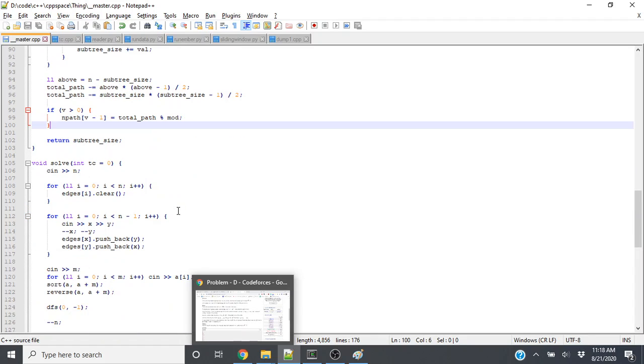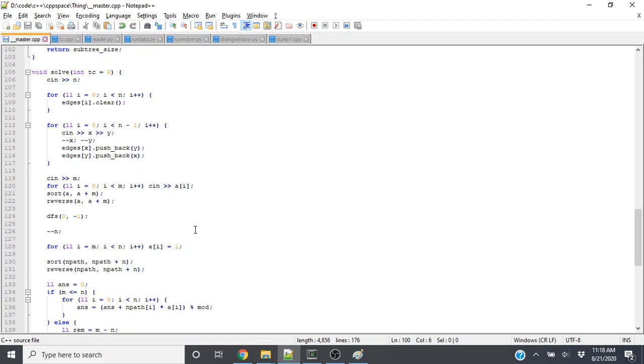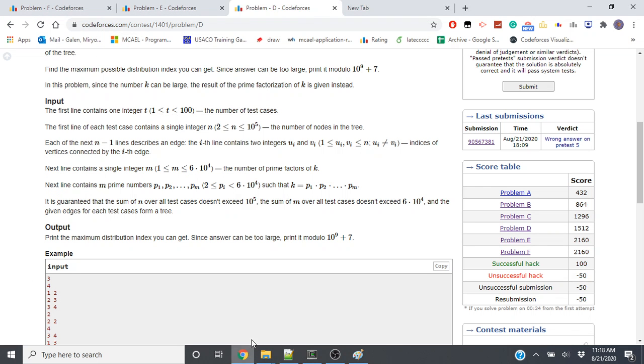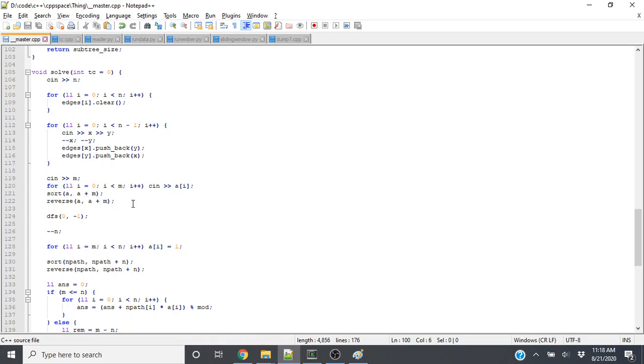Okay, this problem is definitely giving me trouble for what it should be. So we read an N, we read in the edges, then we read an M, and we did that.